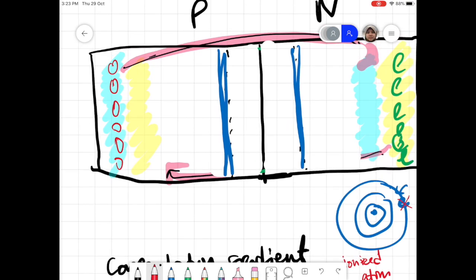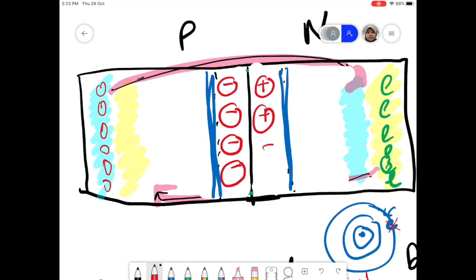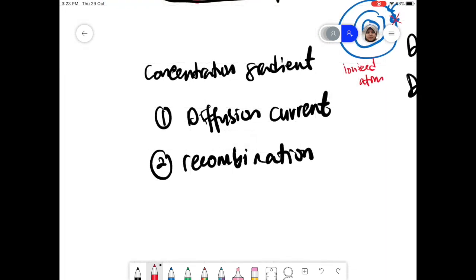On the p side, where the atoms are losing free holes, the atoms become negatively charged. And on the other side, where the atoms are losing free electrons, the atoms become positively charged. So now when you have recombination, you are actually creating what they call the depletion region.